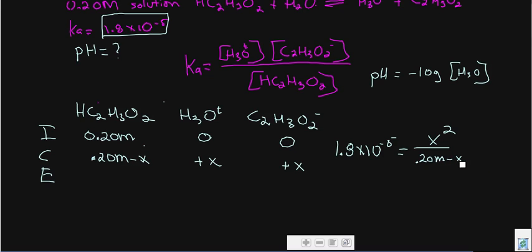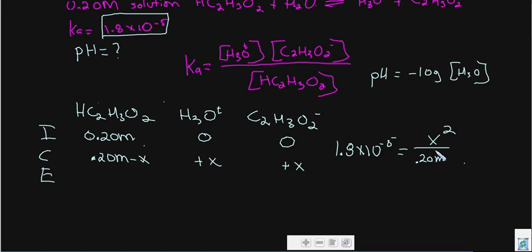So to save some time and do it more quickly, we're going to just get rid of it. When you're doing these calculations, you can actually just remove it, because it's almost always insignificant compared with the initial concentration of acid. So we just use the initial concentration in the bottom of this equation.